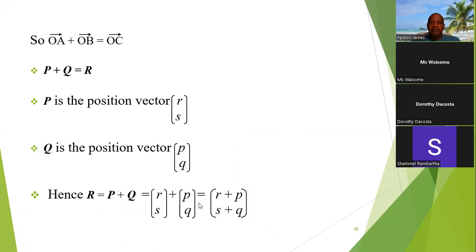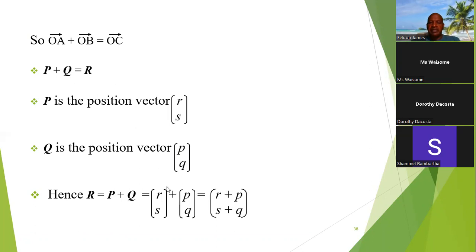Then now, if you add them in this way, what you would get is the coordinates of R added to the coordinates of P added to the coordinates of Q. And then now the overall effect of this would be the total, right? Now this would give you the coordinates of the resultant vector.